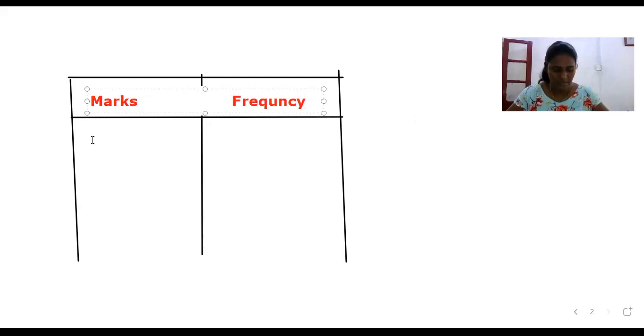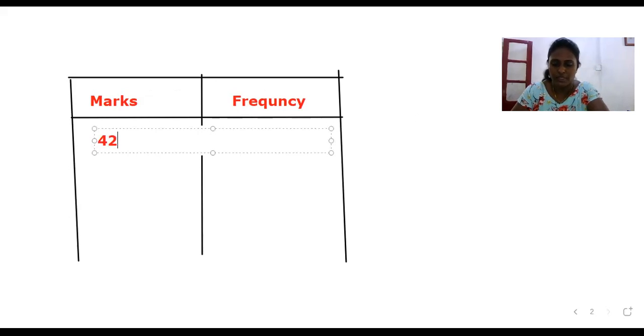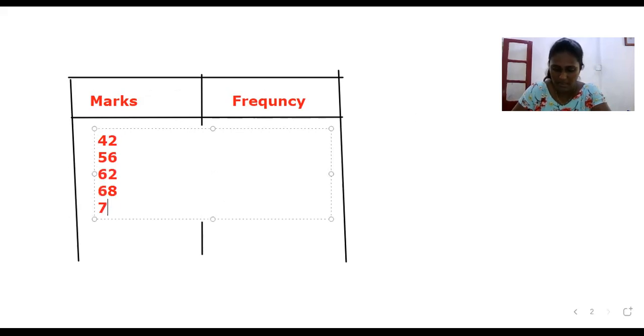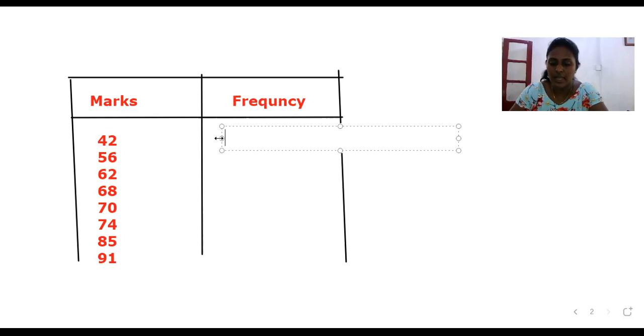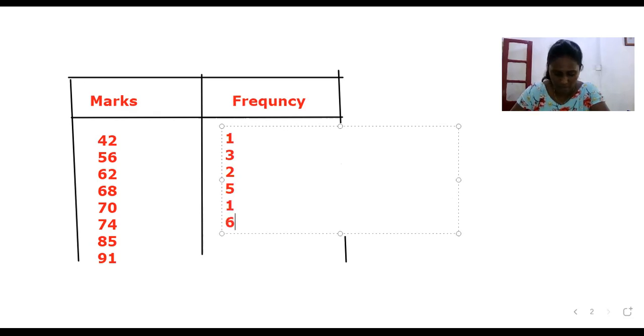Now our marks were 42, 56, 62, 68, 70, 74, 85, 91. Now the frequency. We got the frequencies as 1, since 42 appears one time, then 3, 2, 5, 1, 6, 1, 2.